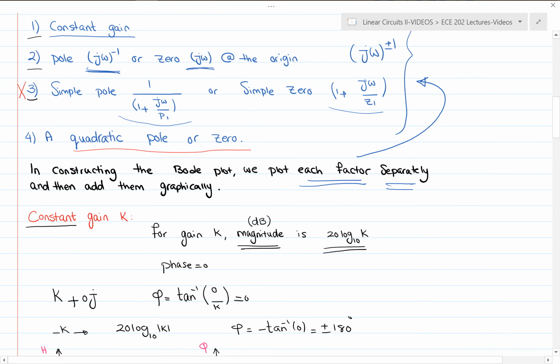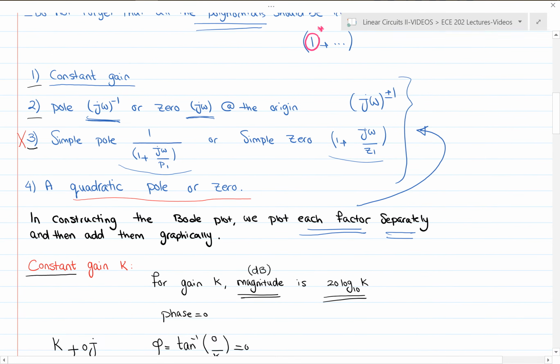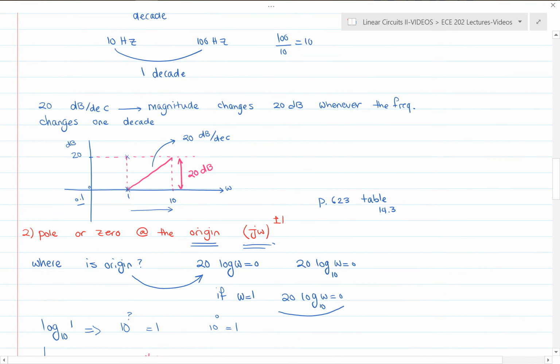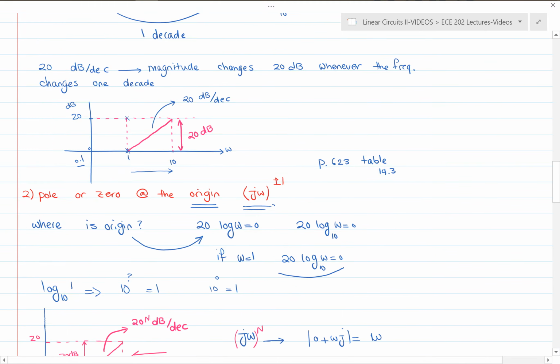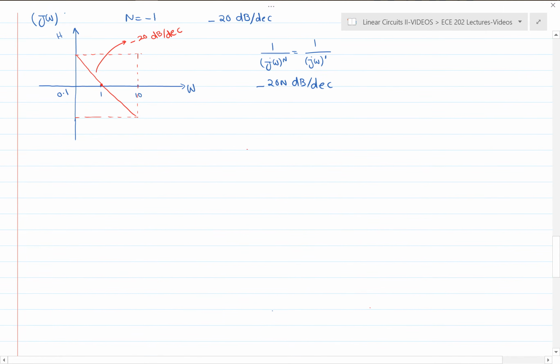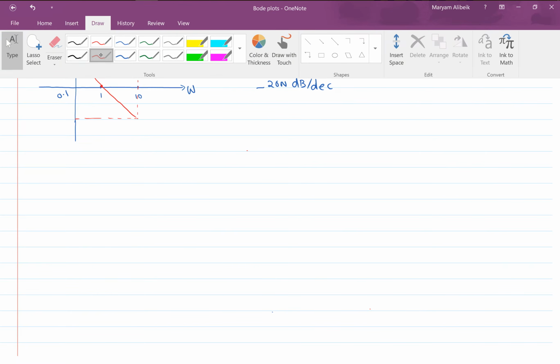And please watch them before the Tuesday lecture. So on Tuesday, I will see if you still have problems about these parts that I just talked about in the video. I'm going to go over all of this material again. If not, we'll do more examples about Bode plots, and then you can get more familiar and more comfortable with it. So let's go ahead and start with the simple pole and zero.